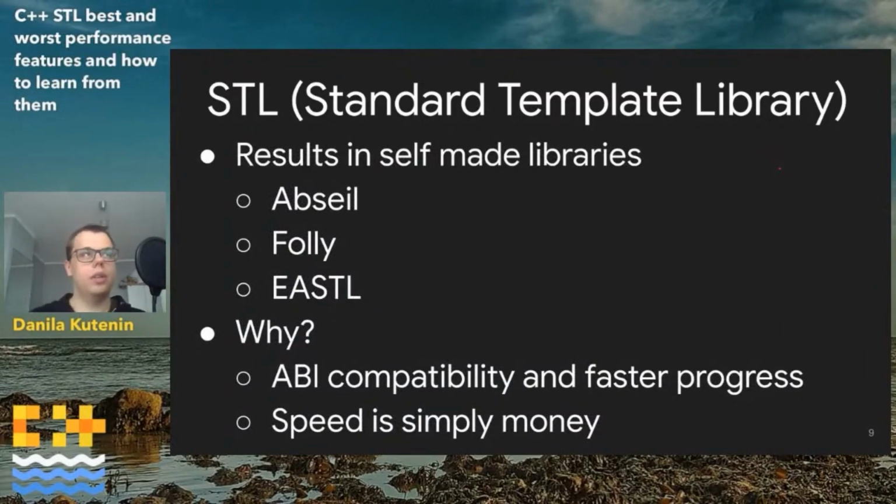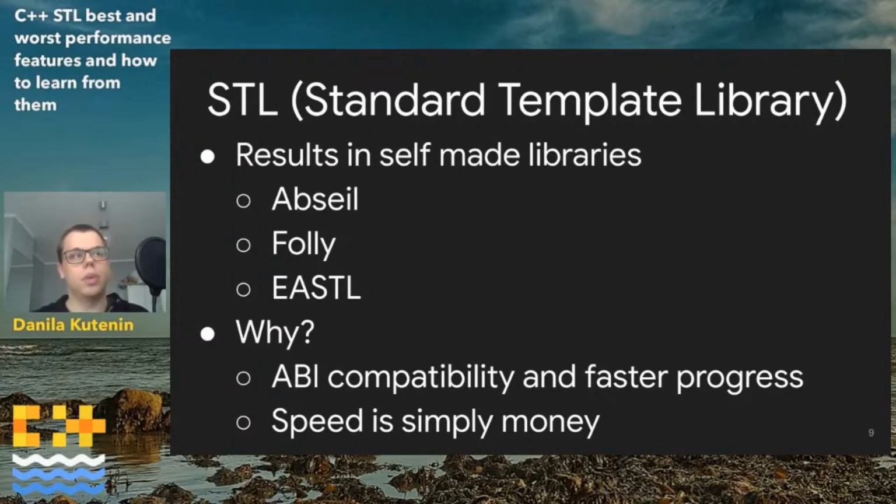Unfortunately, all these things with performance sometimes result in the motivation to build self-made libraries. For example, several examples that came to my mind are the Abseil library from Google, the Folly library from Facebook, EASTL from EA. So why do they do that?